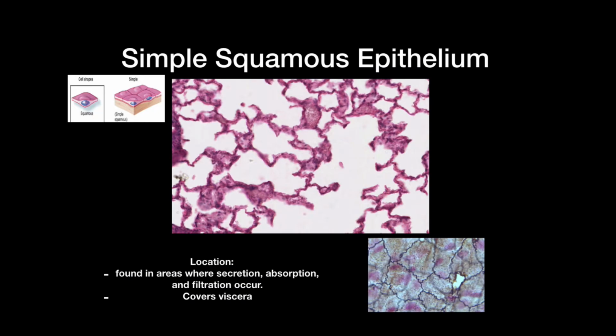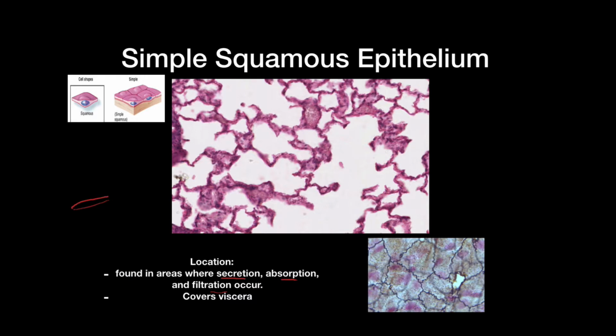Alright, so now starting with simple squamous epithelium. These cells, as mentioned, are flat cells, right? And since these cells are flat, you're going to immediately think that protection is not their main function. These types of cells you're going to mostly find in areas where secretion, absorption, and also filtration occur.